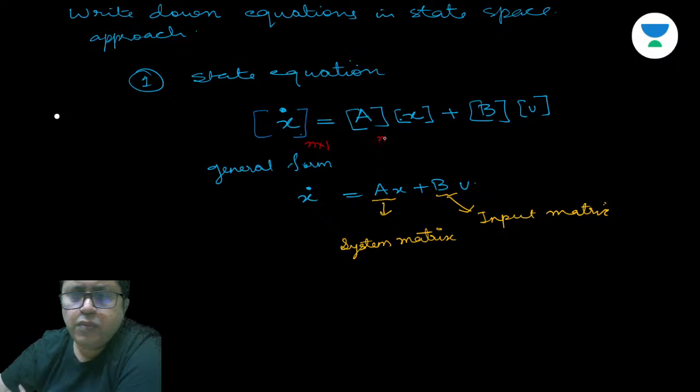Size of A is n into n. Size of x is n into 1. Size of B is n into m. Size of U matrix is m into 1.